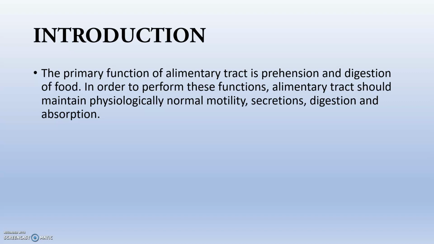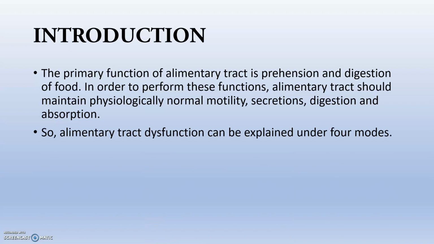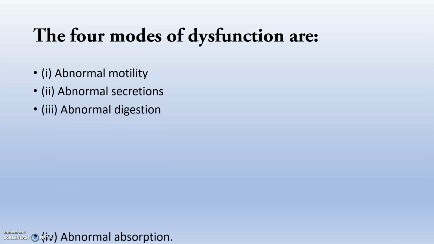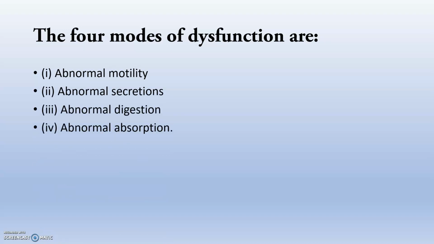If there is any alteration in these functions, there will be a rise of pathology. So alimentary tract dysfunctions can be explained under four modes. Those four modes are abnormal motility, abnormal secretions, abnormal digestion, and abnormal absorption. In these four categories, we can include all the problems.